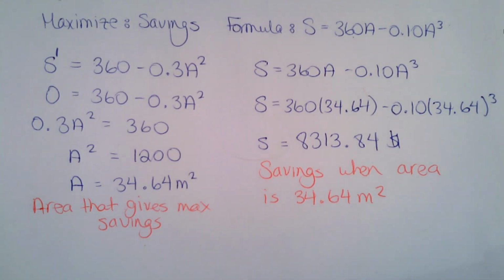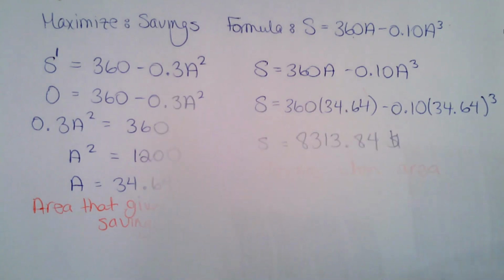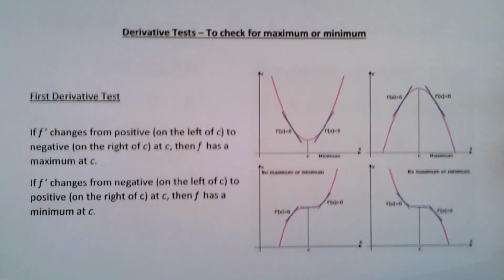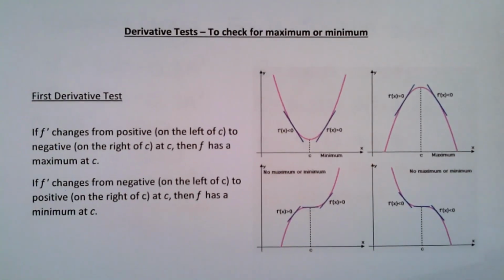Before we do that, I do want to mention one more thing. To finish off this problem, we're actually going to double check to make sure that what we got was in fact a maximum savings and not maybe a minimum or that extra scenario where it's neither. To do that, you have to use what are called derivative tests.